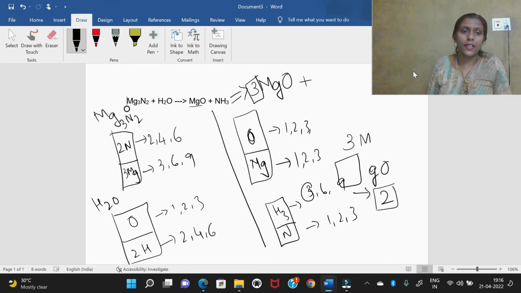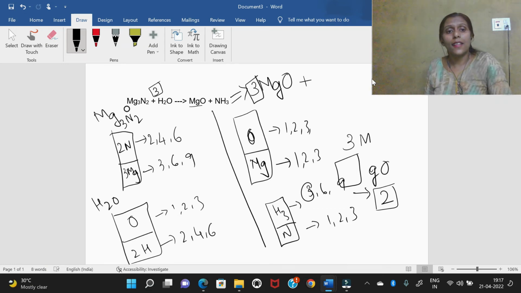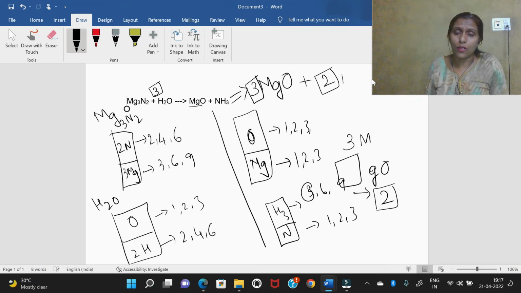For that, I am adding 3 here: 3H2O. Please make it 3H2O. Then 6 kgs, or 3 bags of hydrogen I am giving, because here it is 3. So if I am giving 2 bags of NH3, it becomes 6 kgs and nitrogen is 2.